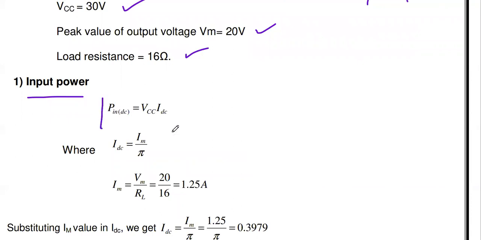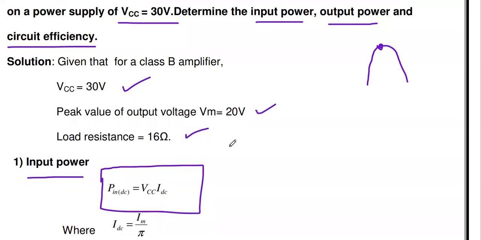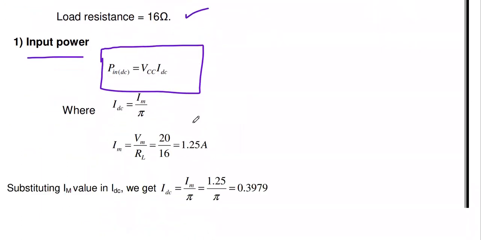The DC input power is the product of VCC into IDC. VCC is given, but IDC is not given in this problem. In the previous problem, IDC was given, but here we have to find the IDC value.